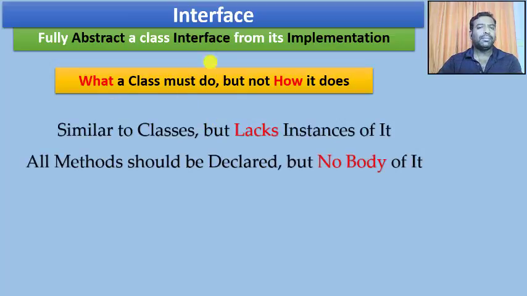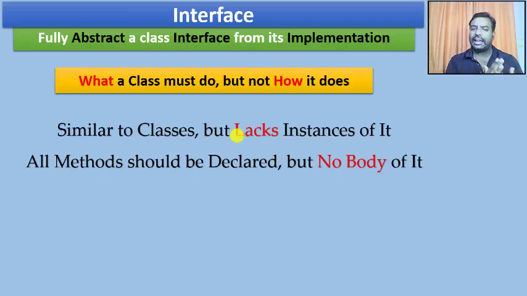And so now the interface is similar to classes. Similar to how we define a class, we define an interface, but it lacks instances. It is similar to an abstract class now. If it is an abstract class, we cannot create any object, any instance, and this is what happens with the interface also.